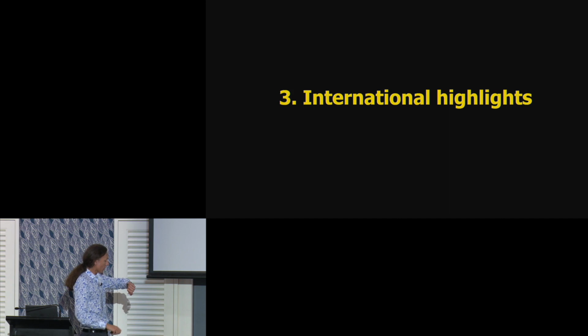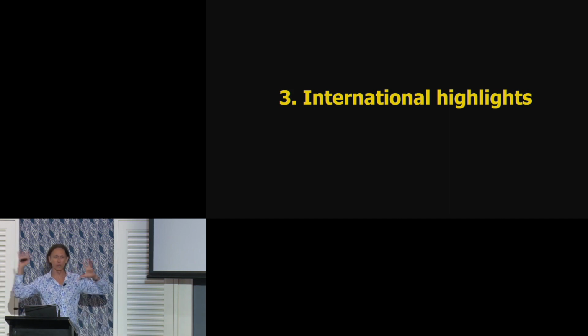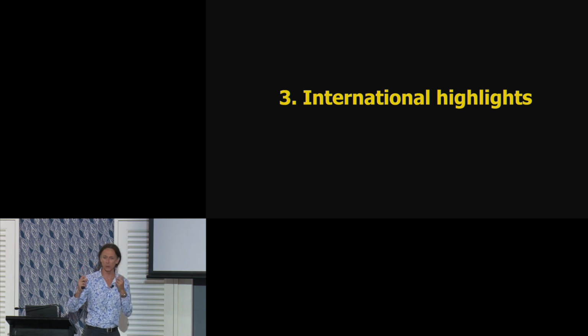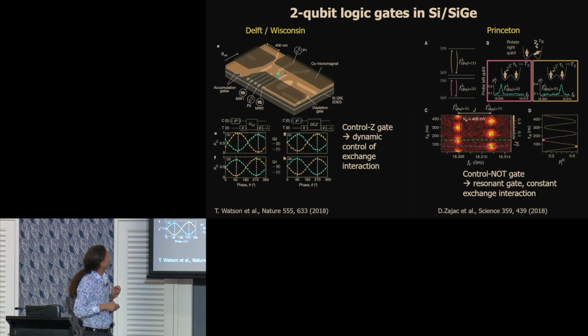All right, now in the few minutes I have left, I want to give a bit of a sense of where we are at in this field, and what are the hottest results coming on in the international scene. 2018 was a fantastic year for silicon germanium devices. There were 2 groups, the Delft and Wisconsin group and the Princeton group of Jason Petta, showing 2 qubit logic gates with slightly different implementations.